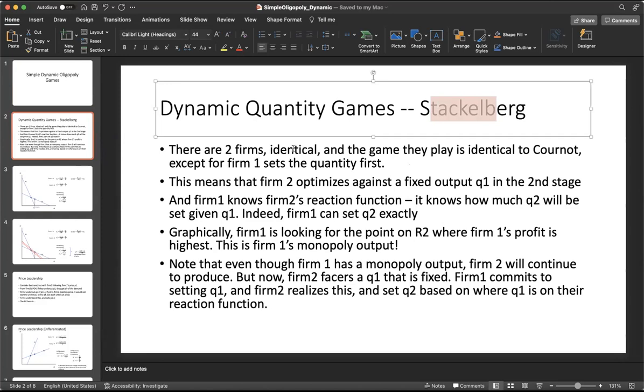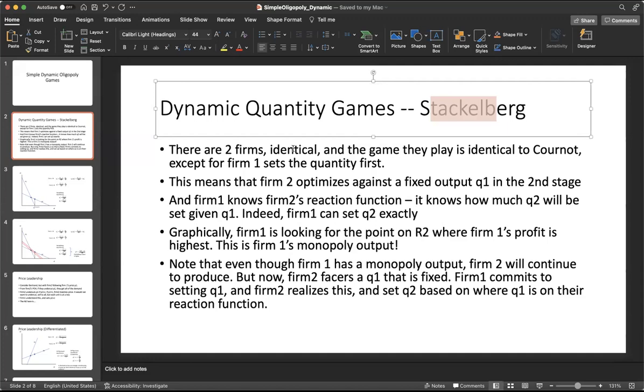So this means that firm two will optimize against whatever the fixed output Q1 is on the second stage. So imagine, at night, firm 1 decides to bring a bunch of output, Q1, to the market. And then firm 2 wakes up, comes out, and says, oh, Q1 is in the market already.